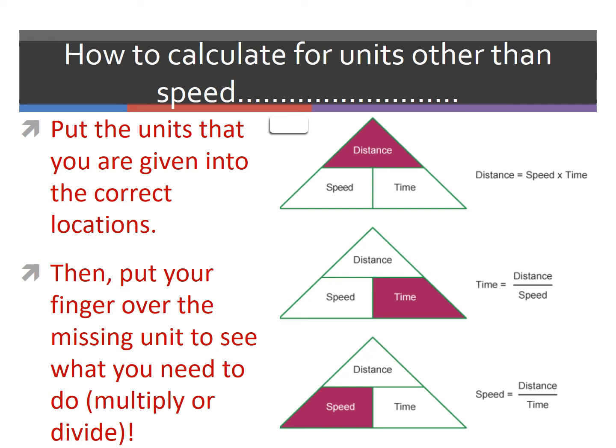If you wanted to calculate distance, you'd multiply speed by time, because the two bottom portions of the triangle are multiplied. To calculate time, divide distance by speed. To calculate speed, divide distance by time. Put the units you're given into their correct locations, then put your finger over the missing unit to see whether you need to multiply or divide.